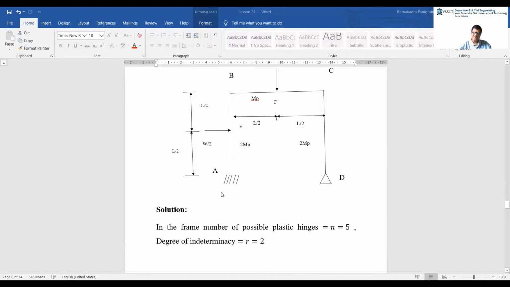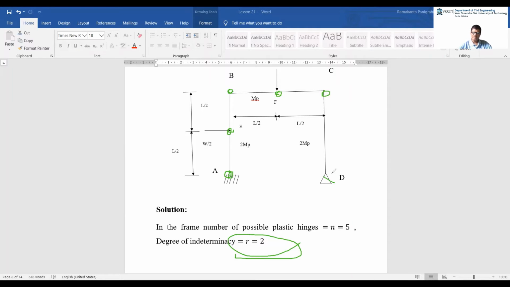So the static indeterminacy comes out: 3 here, 2 here, 5. 5 minus 3 is your number of equations of equilibrium. Number of plastic hinges: 1, 2, 3, 4, 5.